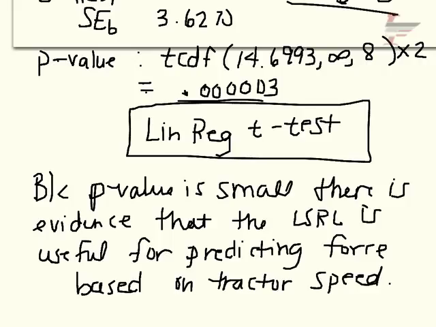Or there does appear to be a linear relationship, or there does appear to be correlation. And obviously because of this, I could probably conclude there's a positive linear relationship simply because my slope was positive. However, they didn't ask that of you.